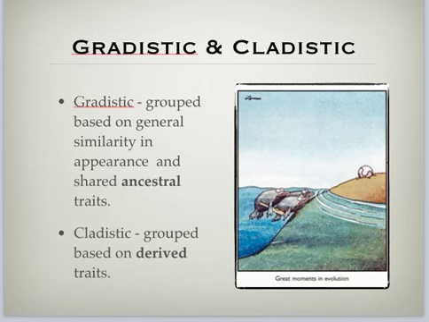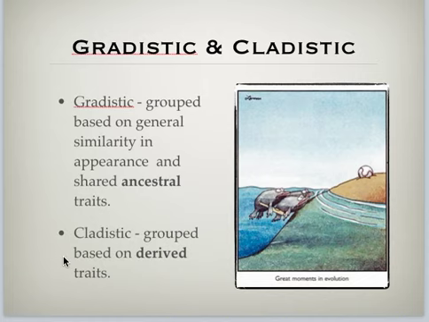And the last way, and probably one of the easiest distinctions to make between gradistic and cladistic, is gradistic was an older way of looking at grouping organisms. Cladistic is a newer way. Cladistic uses similarities in DNA, where gradistic does not. It just looks at appearance. One more time.